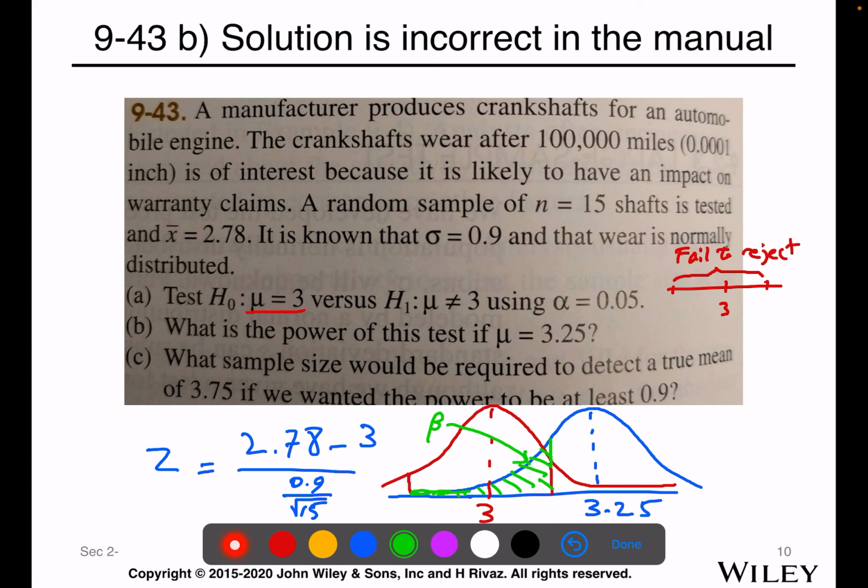Whenever you want to calculate beta, we have to do phi of this number, whatever this number is, minus phi of this other number.